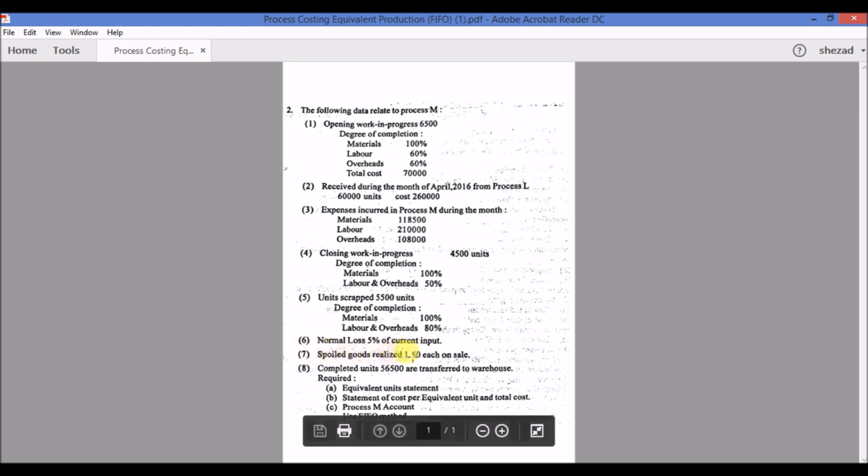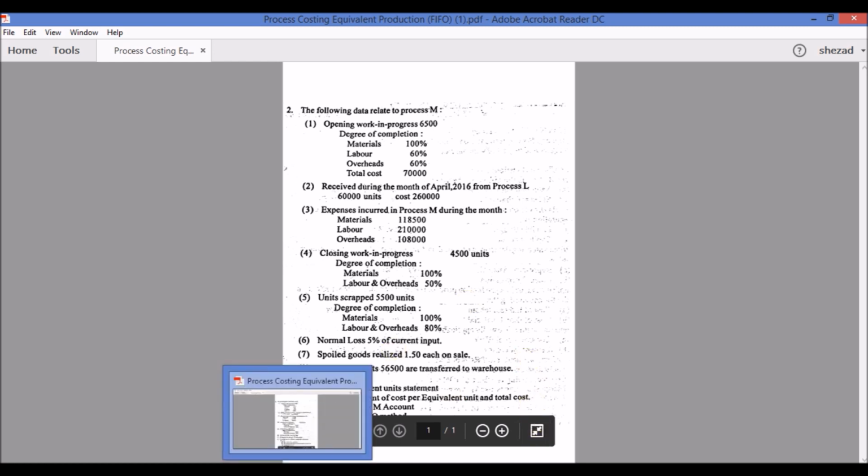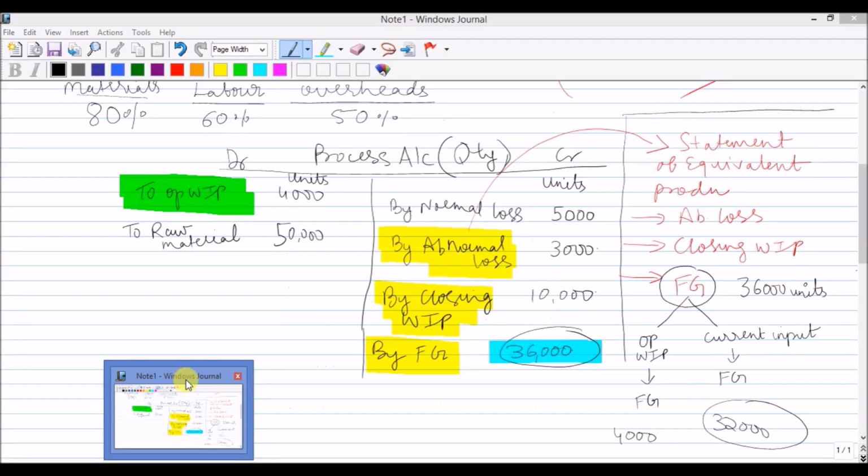We have spoiled goods realized at 1.50. Then we have completed 56,500 units, transferred to the warehouse. We need to prepare the equivalent unit statement and cost per equivalent unit for process M, using the FIFO method. So yes, this sum is quite comprehensive. So I'm going to start with the sum.